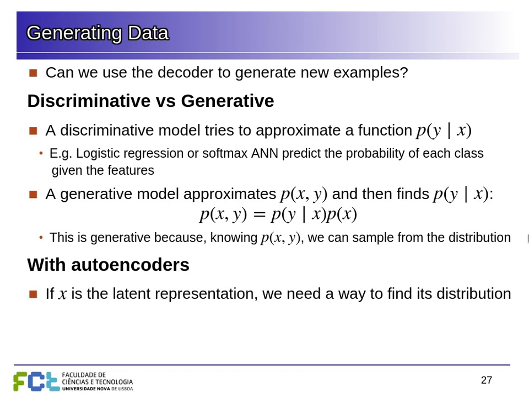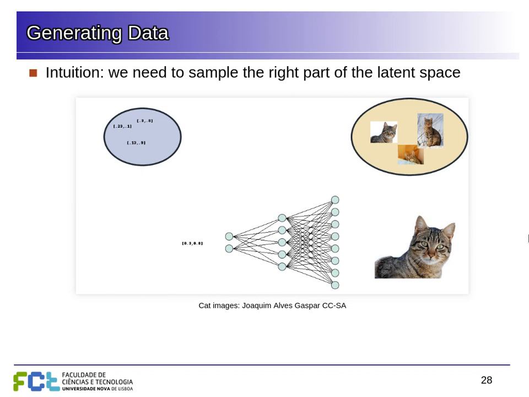Now, with autoencoders, we can have this intuitive feeling that it should be possible if we have an idea of what is the distribution for the features. But that could be a way of doing this. The problem is that if we don't have an idea of this distribution, if we pick one example inside the space that corresponds to representations of cats in this latent space here, then we'll get an image of the cat.